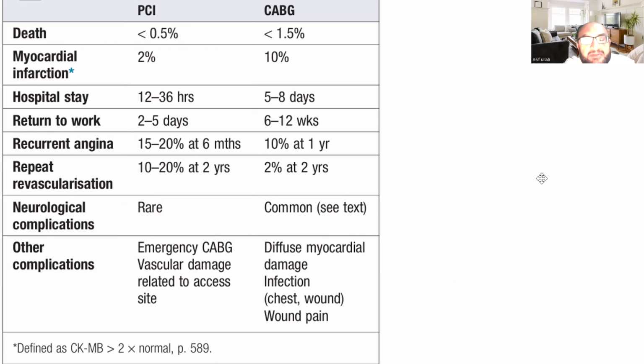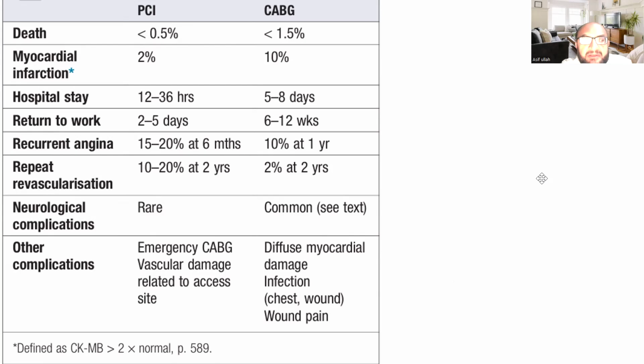Neurological complications during angioplasty and stenting are rare, but they are common in bypass surgery. So that is why before surgery, carotid Doppler ultrasound of the patient is done. Other complications are emergency: angioplasty may turn into emergency CABG. You may have a complication in the procedure, and you may need a surgeon to intervene.